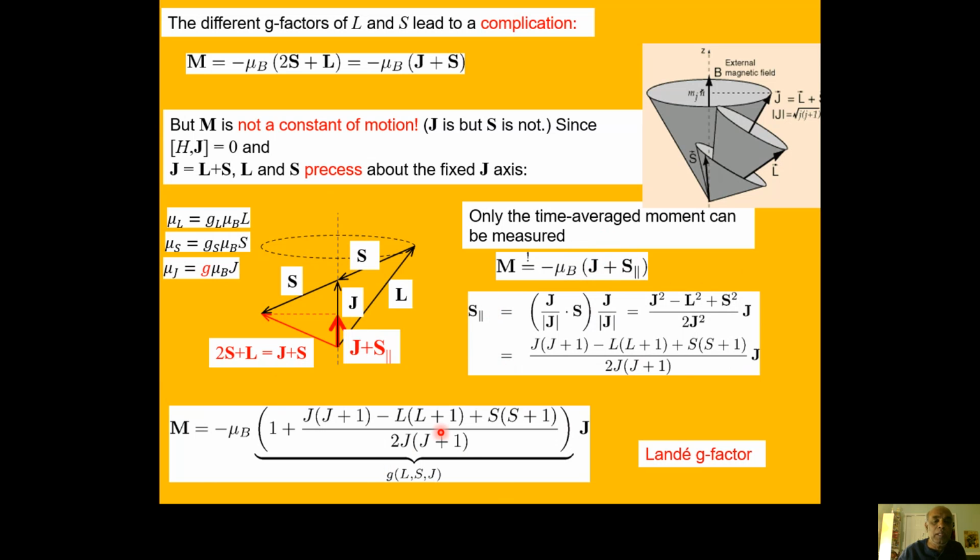We call this the Landé g factor, which is a function of the total angular momentum, total spin angular momentum, and the total J factor. Then you know how to calculate your total magnetic moment in terms of your total angular momentum.